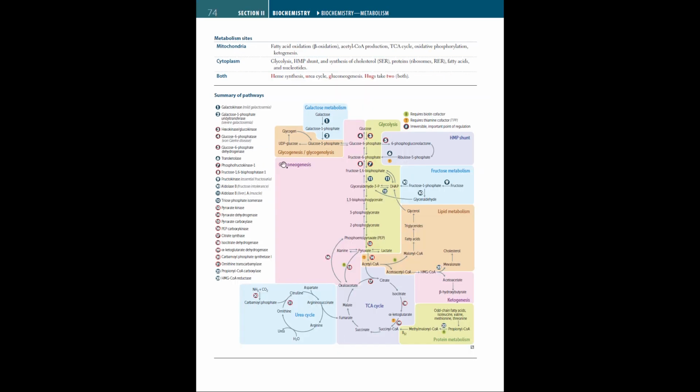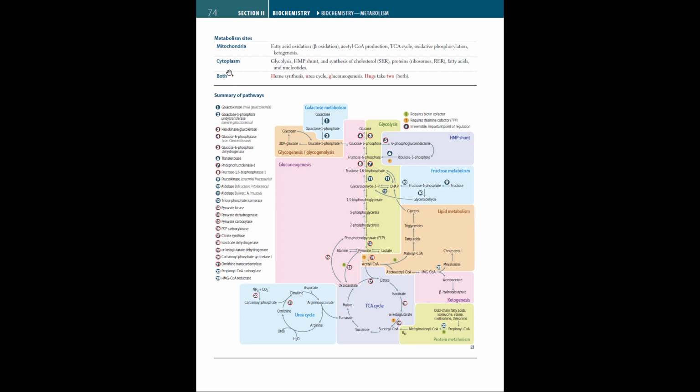Now we have the metabolism sites. So there's mitochondria, cytoplasm, or both. So in mitochondria, we have fatty acid oxidation or beta oxidation, acetyl-CoA production, TCA cycle, oxidative phosphorylation, and ketogenesis. Whereas in the cytoplasm, we have glycolysis, HMP shunt, the synthesis of cholesterol, and the smooth endoplasmic reticulum, proteins, ribosomes, and rough endoplasmic reticulum, fatty acids, and nucleotides.